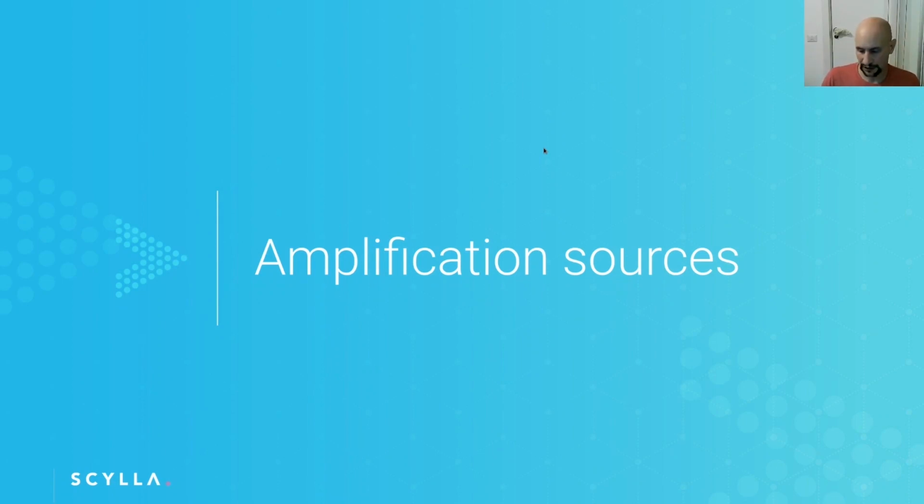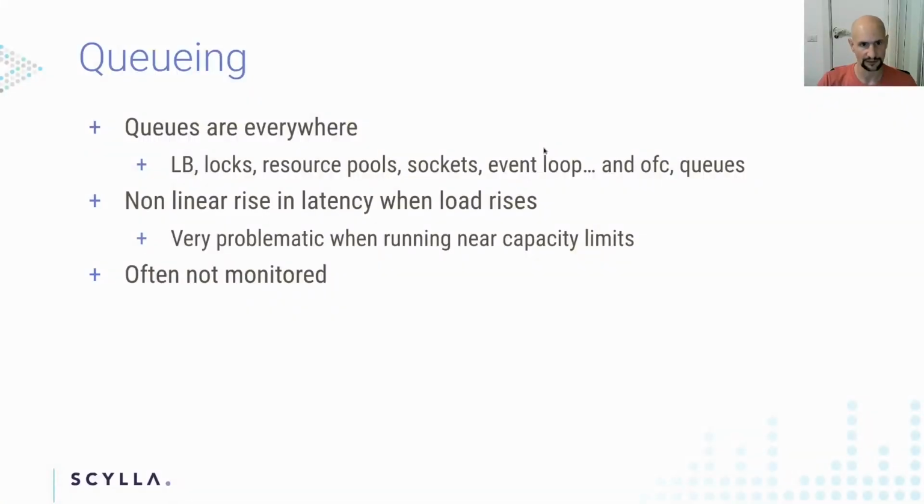So now that we understand queuing, let's talk about sources of latency amplification in our systems. Of course, we talked about queuing, but we haven't talked about the fact that queues are everywhere, basically every shared resource, and a lot of other things that we don't think about, like event loops. They also have a callback queue, and of course queues like Kafka or RabbitMQ or queues in Java or whatever.